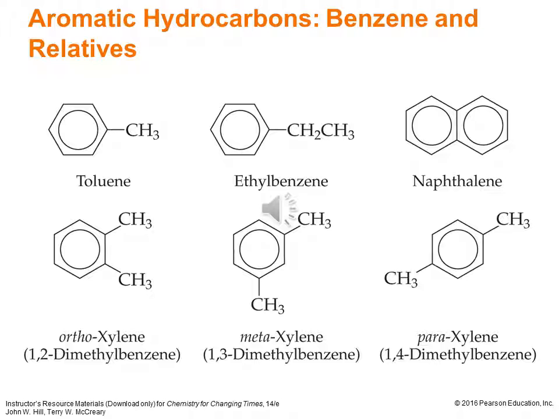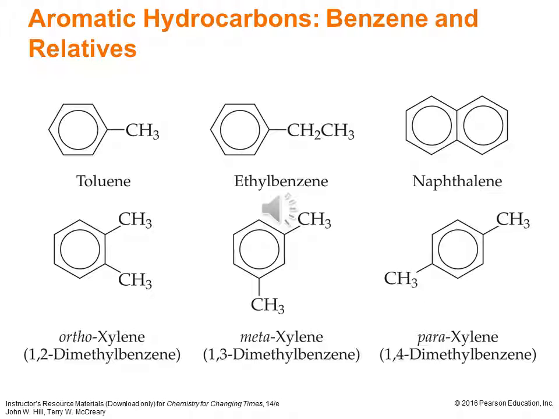And then we see some other options where we can have multiple substituents. We can have 2 methyl groups right next to each other. We call that ortho, the right way to do it, like orthodox varieties of religions believe they have the right way. So the ortho has that idea of right next to one another. Meta, your 2 substituents are spaced out by 1 hydrogen in this case in between them.